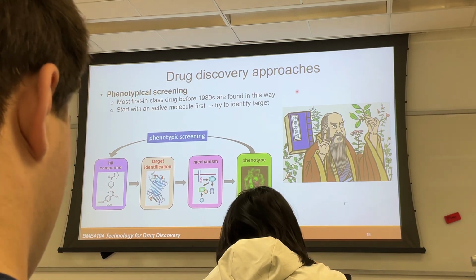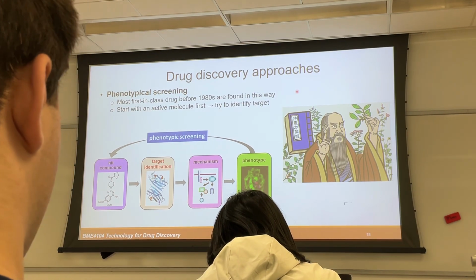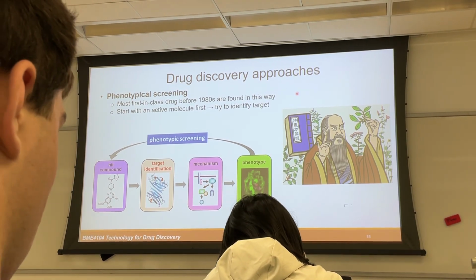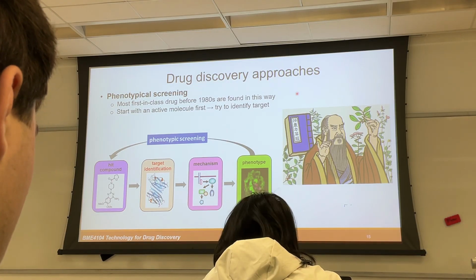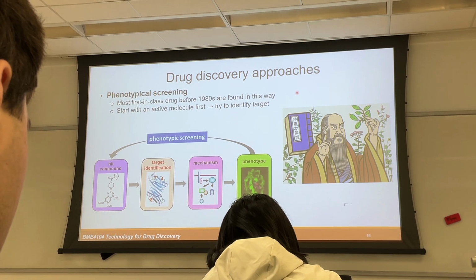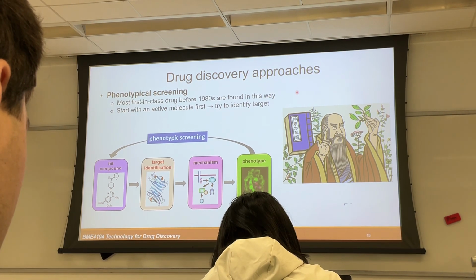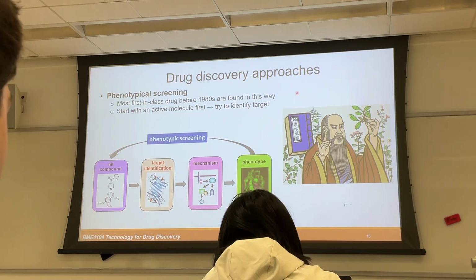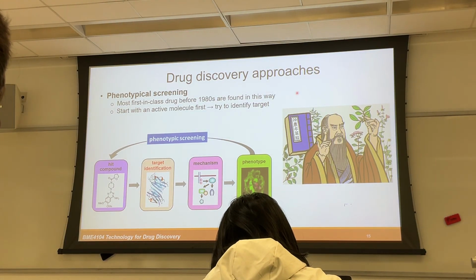The most simple and intuitive one is called phenotypical screening. Just by the name, you can imagine how it works, right? It's just by observing the phenomenon, how the drugs act on the tissue or on the cells, so you can figure out which one gives you the preferred phenomenon.